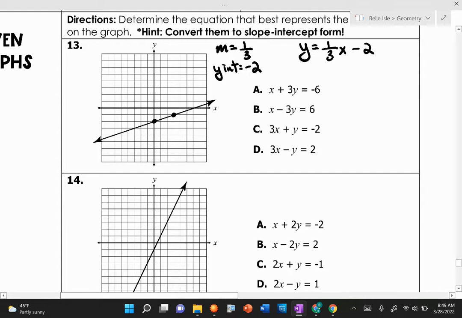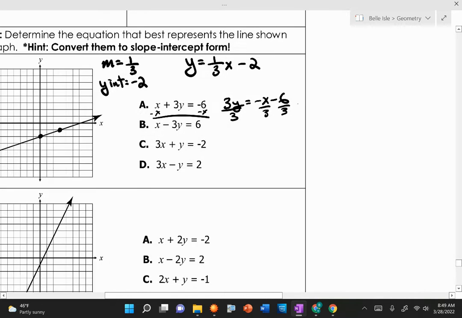If we go through and solve this first one, we do minus x on both sides. It's going to give us 3y equals -x minus 6. Divide by 3. That's going to be y equals -1/3 x minus 2.